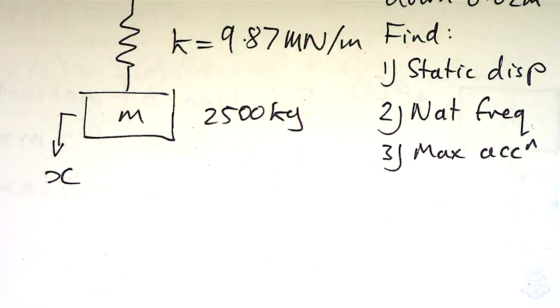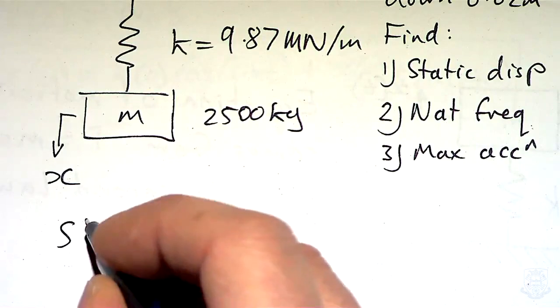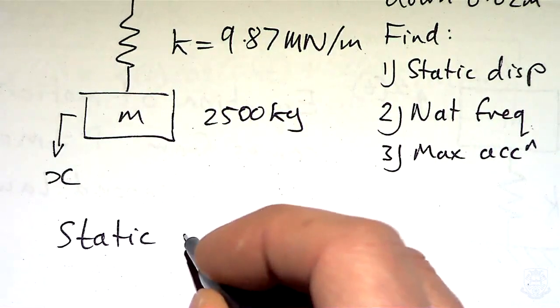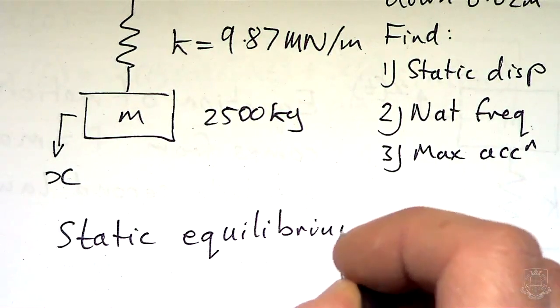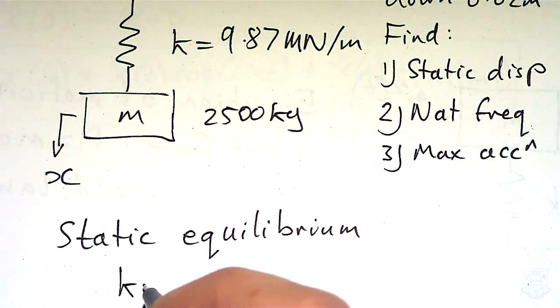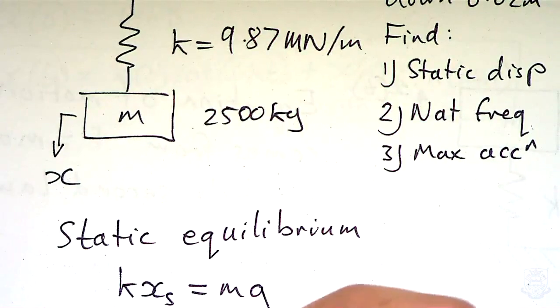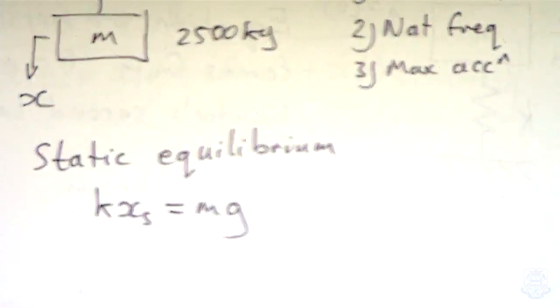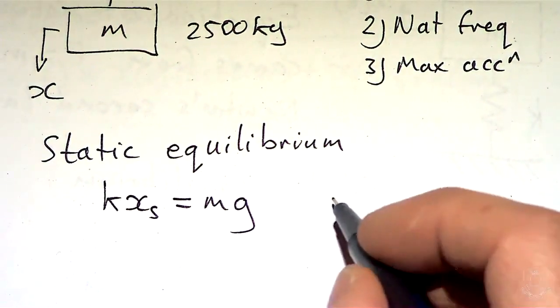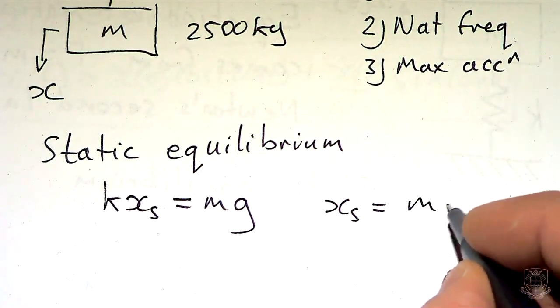So let's try and do the static displacement. That comes from the static equilibrium equation that we wrote down. If you remember, the stiffness of the spring times xs, which is the static displacement, was equal to mg. So we can say that xs is equal to mg over k.